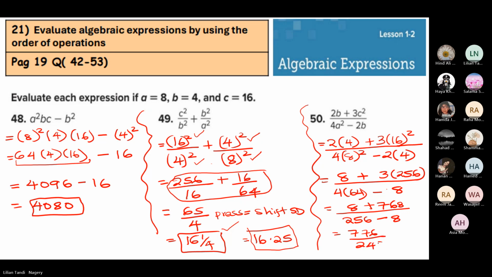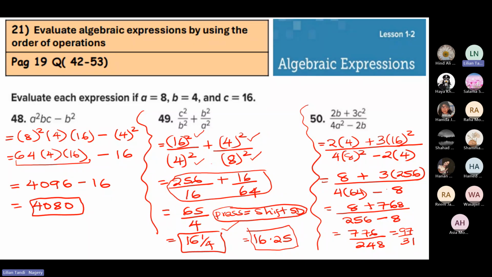Then you press what? Equal. So you will get 97 over 31. After you get 97 over 31, you do this. Press Shift SD.